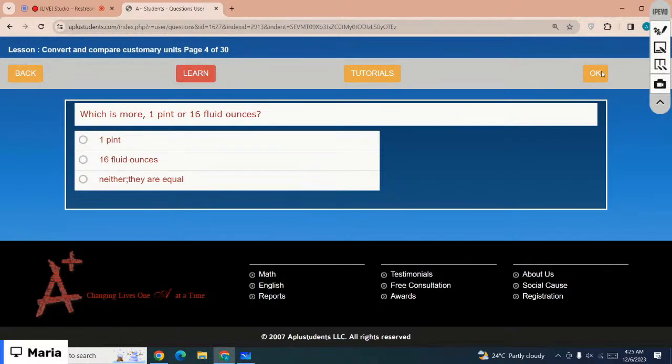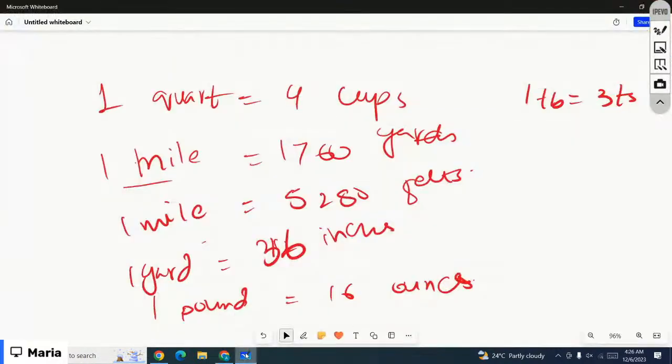Which is more, 1 pint or 16 fluid ounces? Which is the correct option? You have to convert from pint to fluid ounces. 1 pint equals 16 fluid ounces, right?